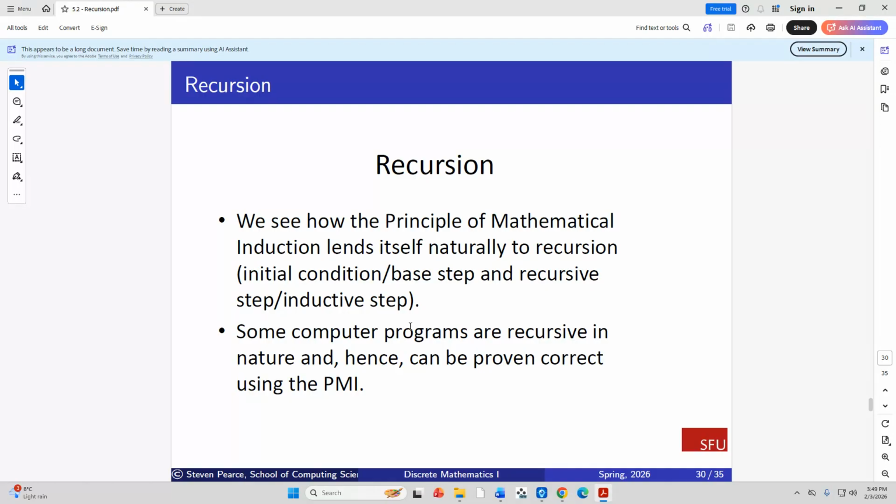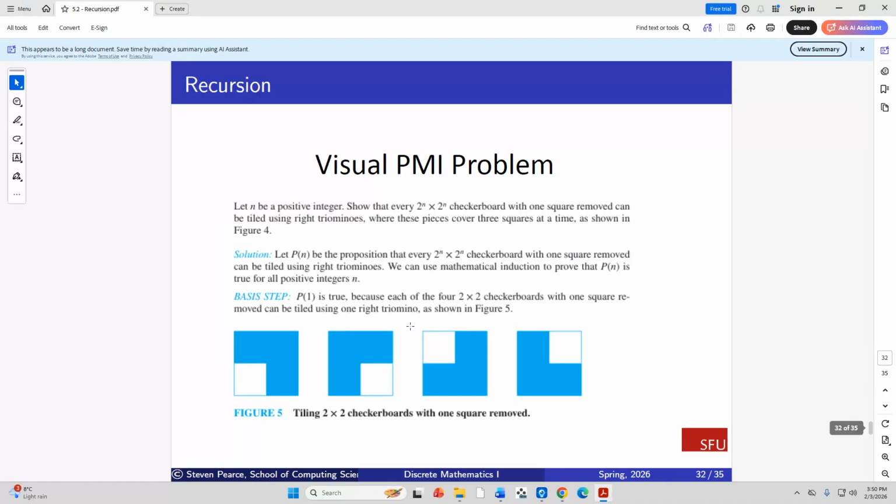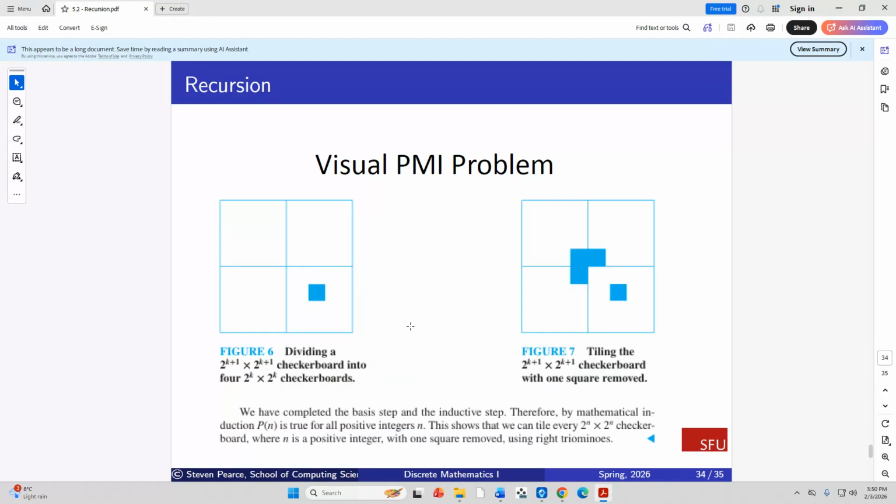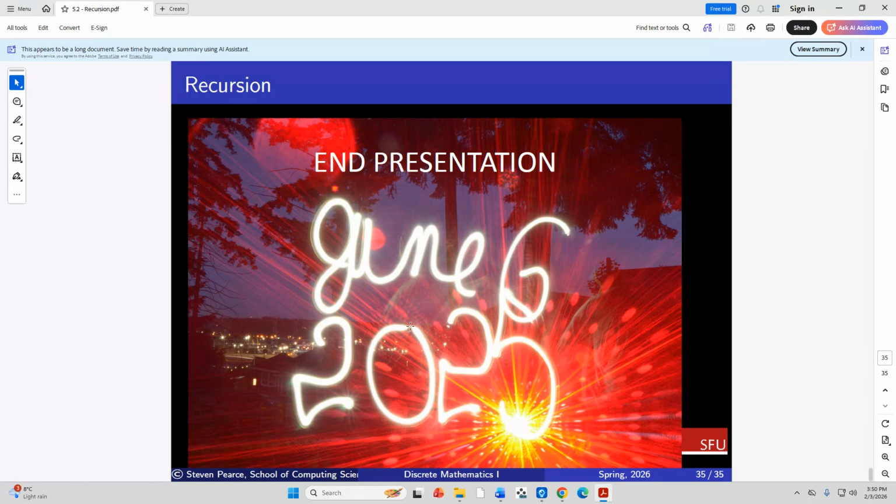This is formal methods in computing science. There's a course in third year, maybe fourth year, on formal methods. But the kinds of proof techniques that you can use are very restricted. Clearly, a recursive program can be proved correct by mathematical induction. That's pretty cool. That's the end of recursion.